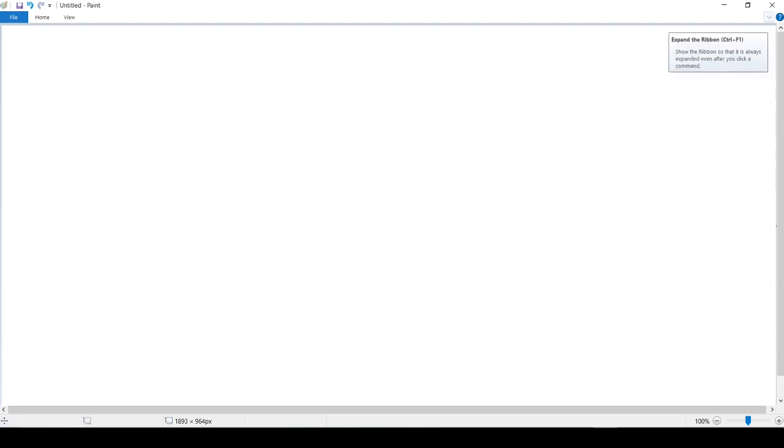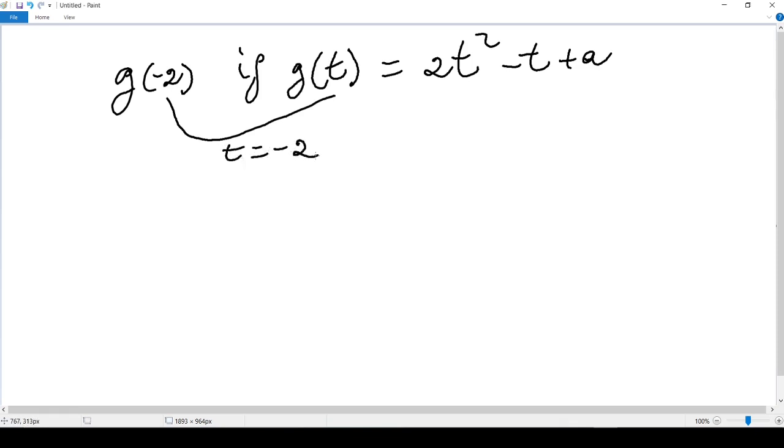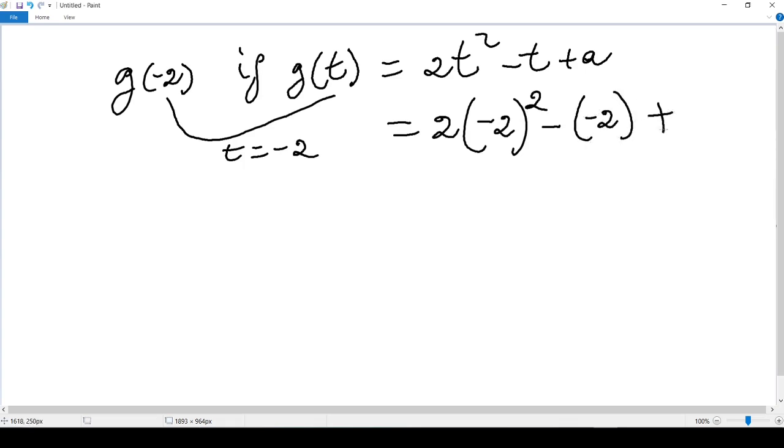Another one, let's find g of negative 2 if g of t is equal to 2t squared minus t plus a. So we can visually determine that our t equal to negative 2. So everywhere we have t in our function, we will replace it by negative 2. So I will have 2 times negative 2 squared minus negative 2 plus a.